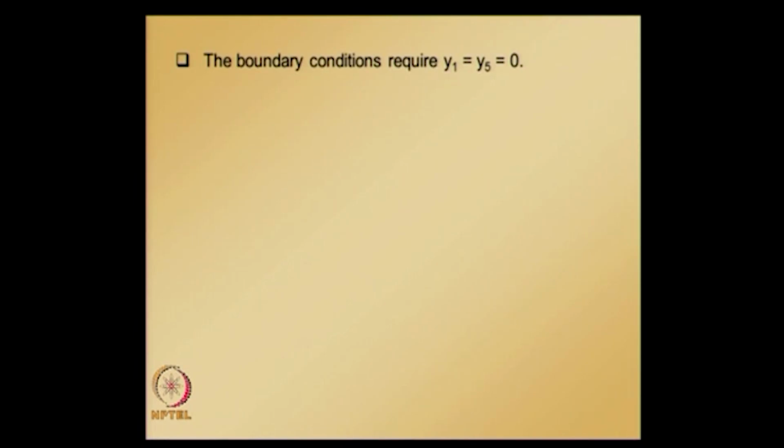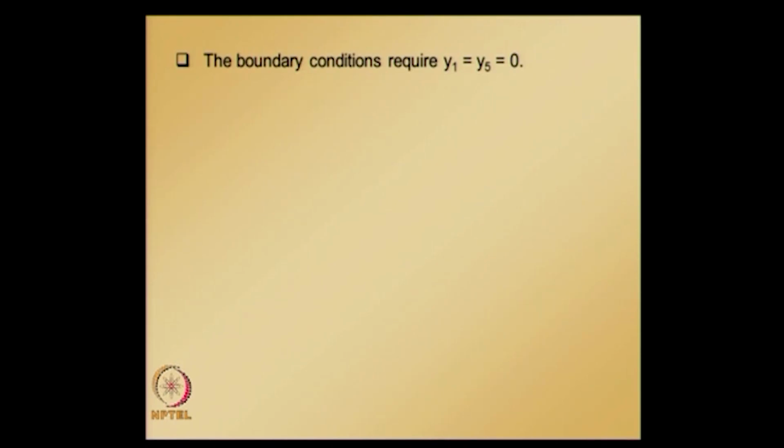These are the boundary conditions, y1 = y5 = 0, because the essential boundary conditions for this problem are y evaluated at x = 0 is 0, and y evaluated at x = L is 0. So, y1 and y5 are 0.